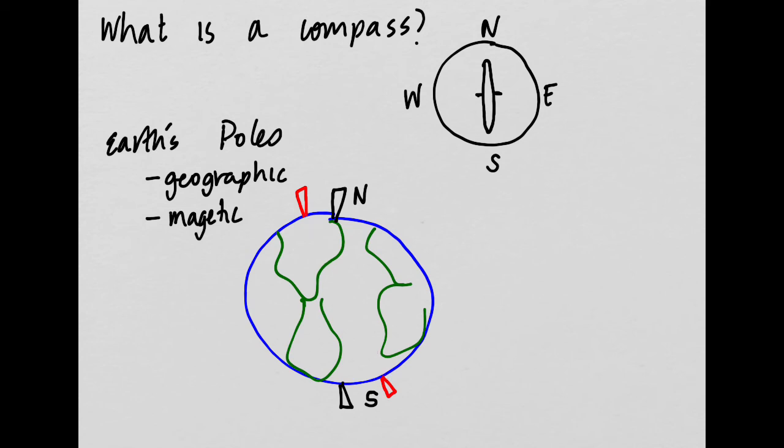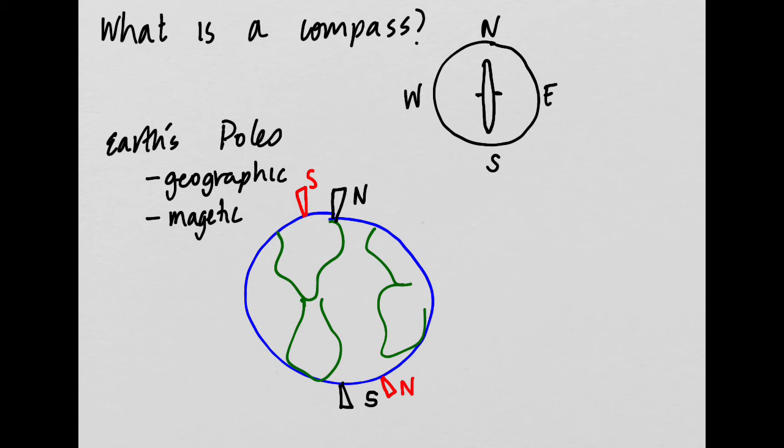And the south magnetic pole is near Earth's north geographic pole, and Earth's north magnetic pole is near Earth's south geographic pole. That is a lot to wrap your head around, but that is the way that it is.